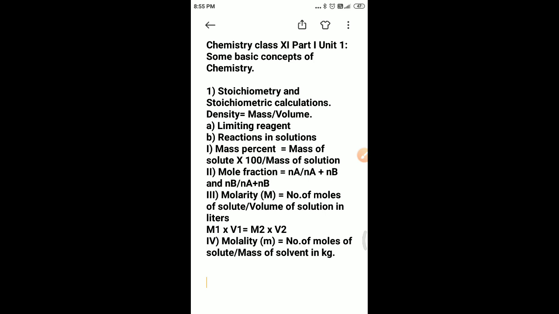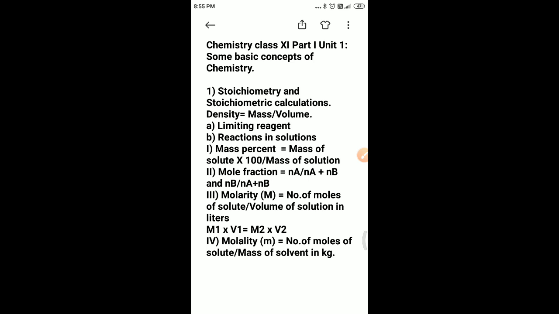Mass percent is equal to the mass of the solute divided by the mass of the solution, multiplied by 100. Here one example we are going to take.